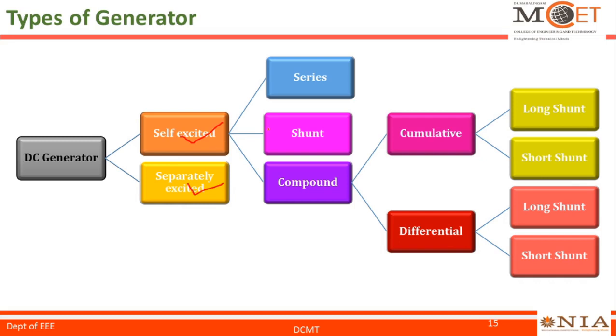Self-excited DC generators can be further classified into three types, namely series generator, shunt generator, and compound generator. Compound generators can be further classified as cumulative compound and differential compound generators, which are again classified as long shunt and short shunt in both cumulative and differential categories.